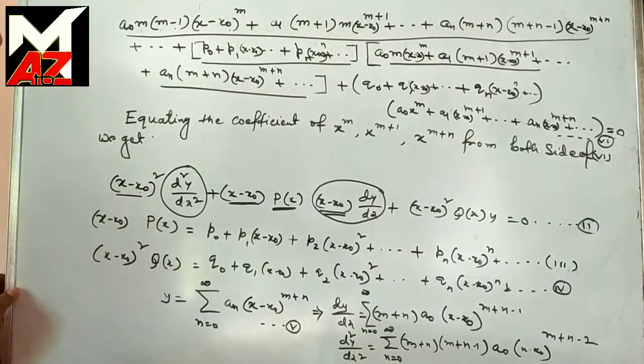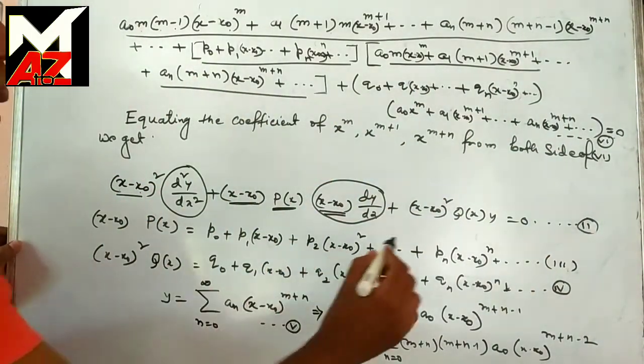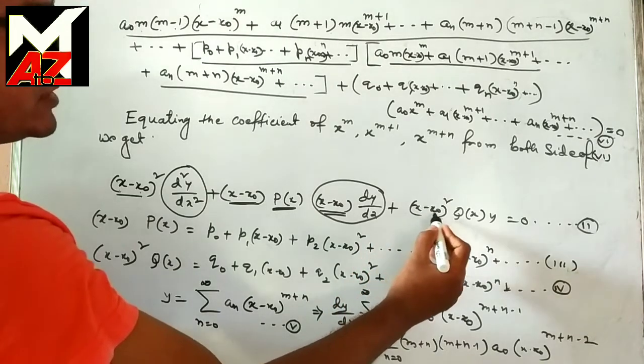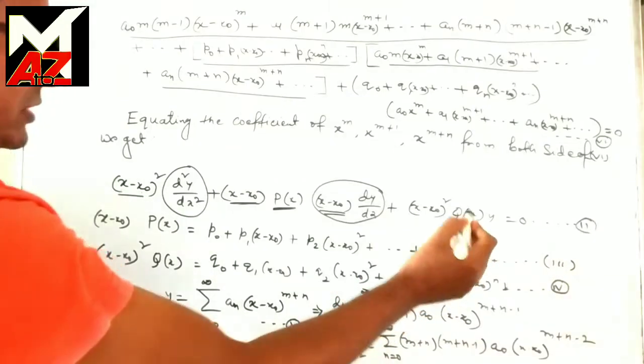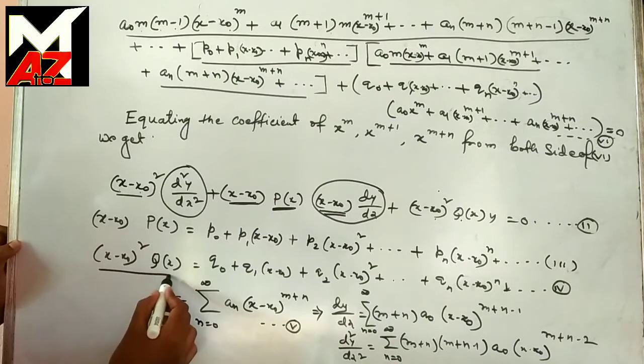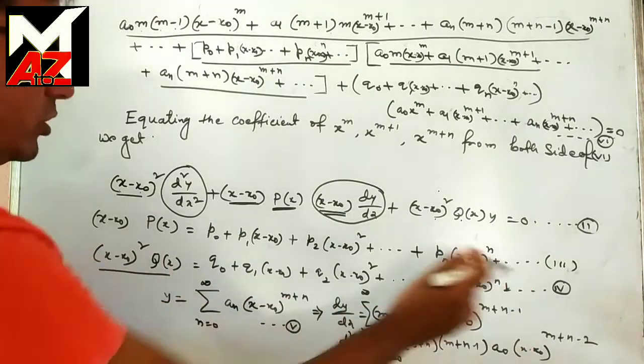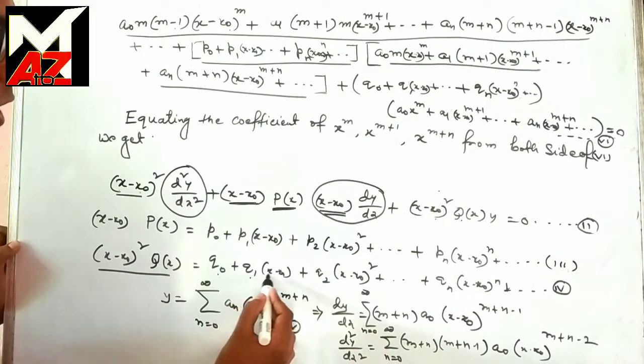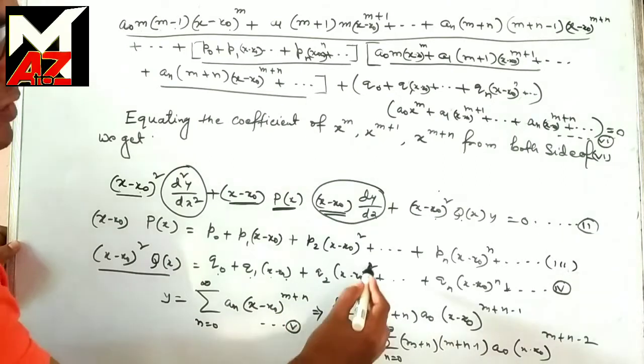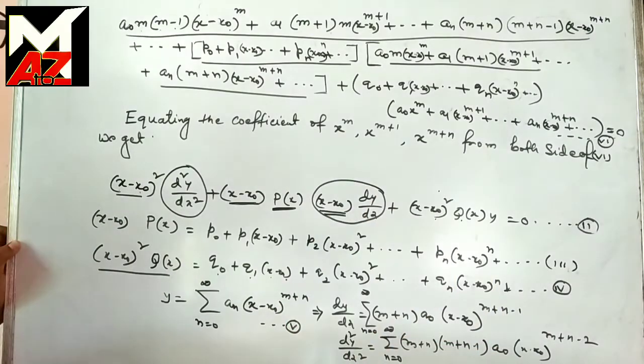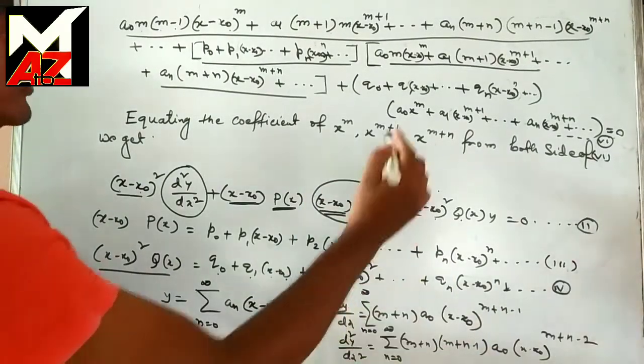Also x minus x0 whole square into q of x, that is from 4, q0 plus q1 x minus x0 plus q2 x minus x0 whole square and so on to infinity, and this value is put here.